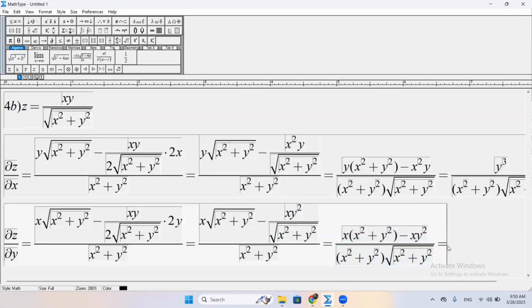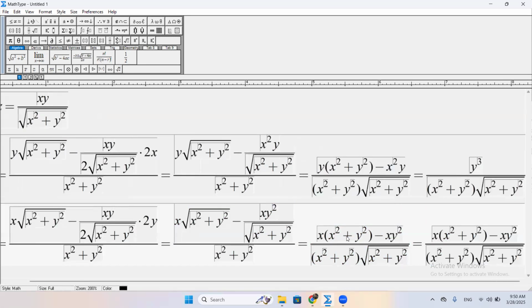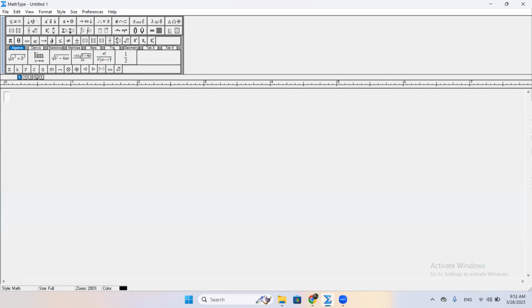And what will we receive? Again, xy square will be eliminated, and in the numerator remains only x cubed. Any questions about this exercise? No question. Okay, let's move next.